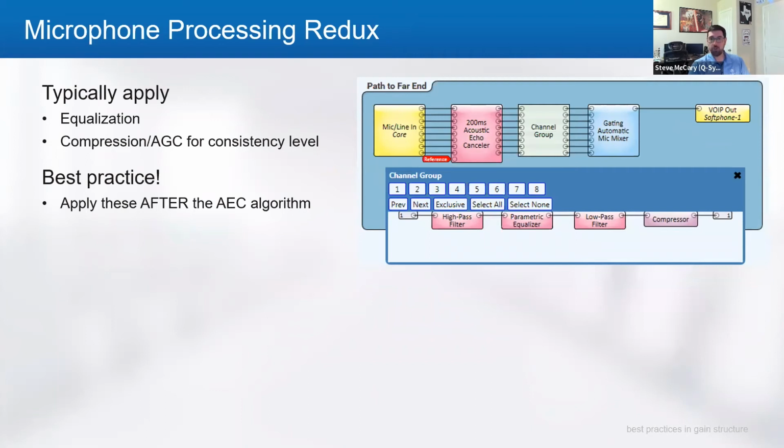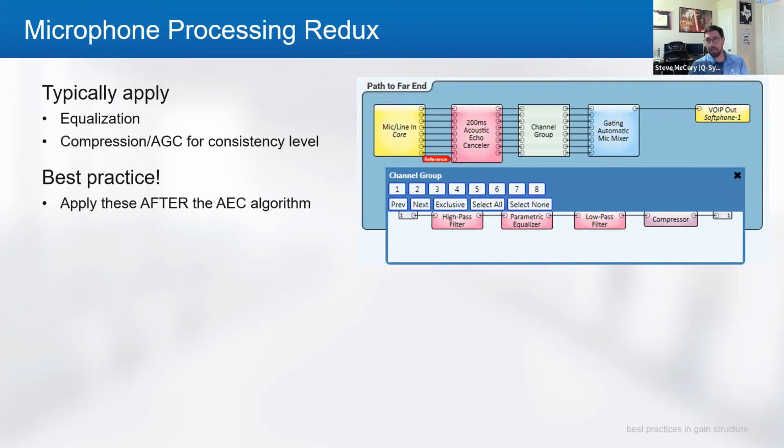So we're also looking at processing our microphones. The best practice is to do any of this after the AEC algorithm, mainly because you want the AEC to hear as clean a signal as possible.